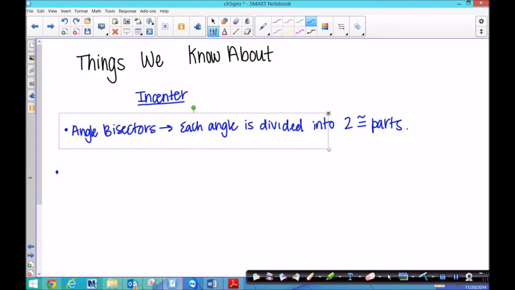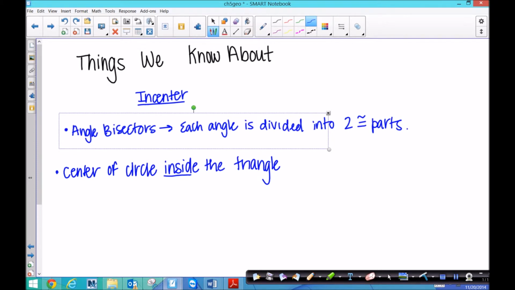The other thing that we need to know about the incenter is that it is the center of the circle inside the triangle.